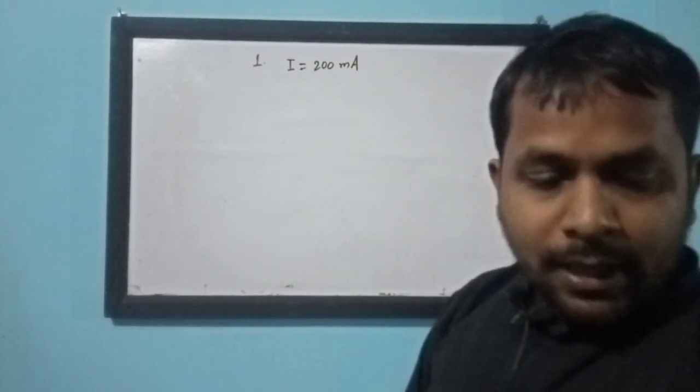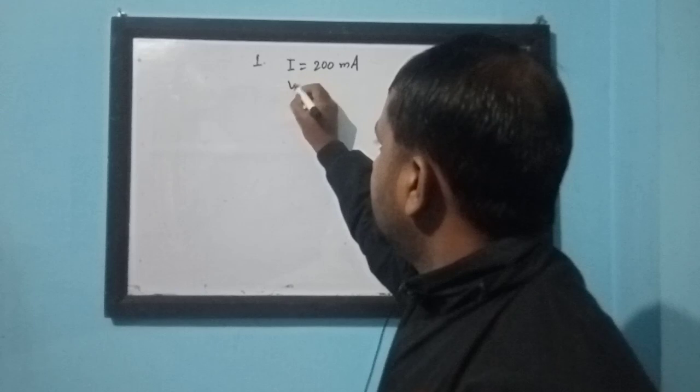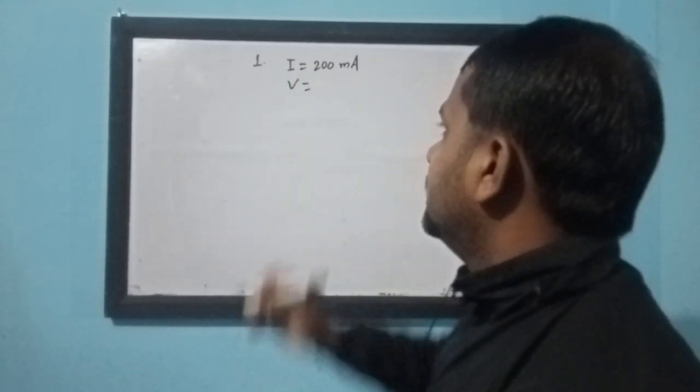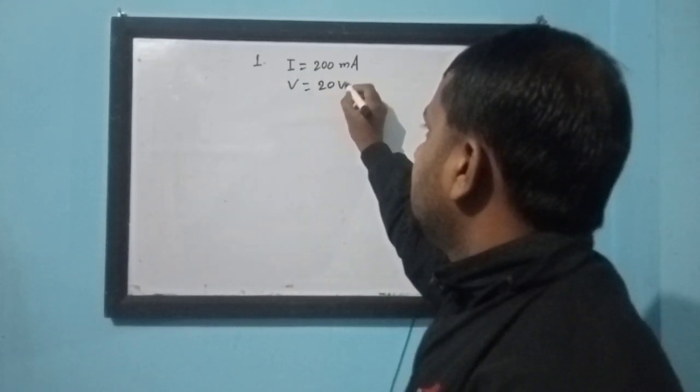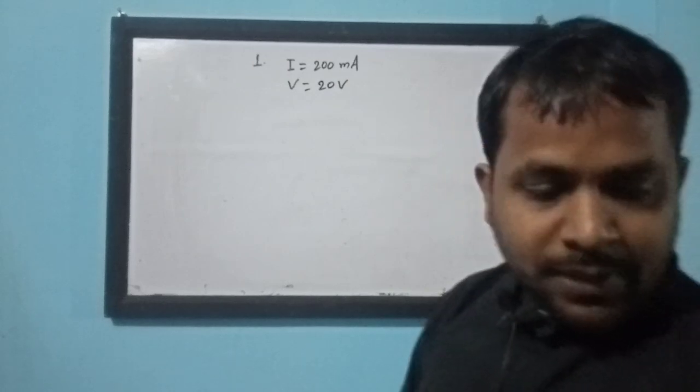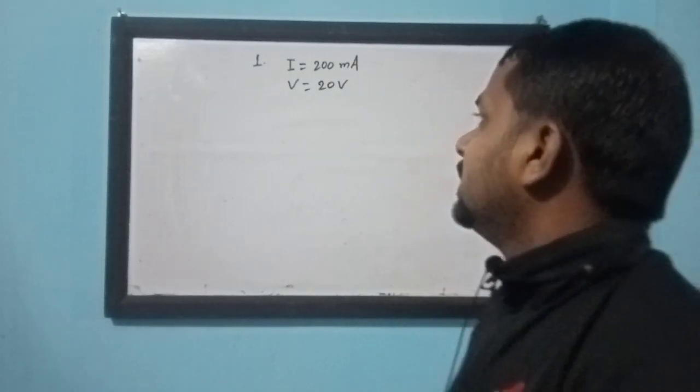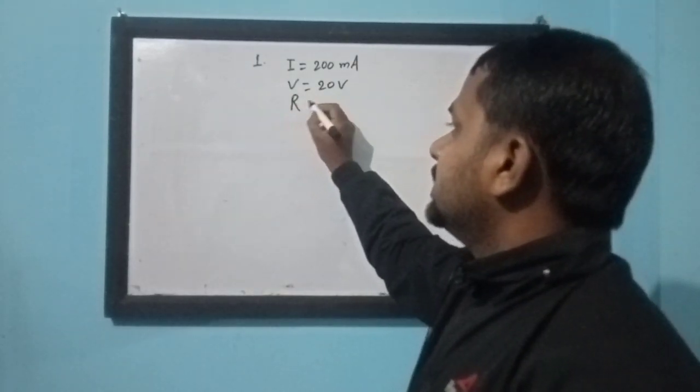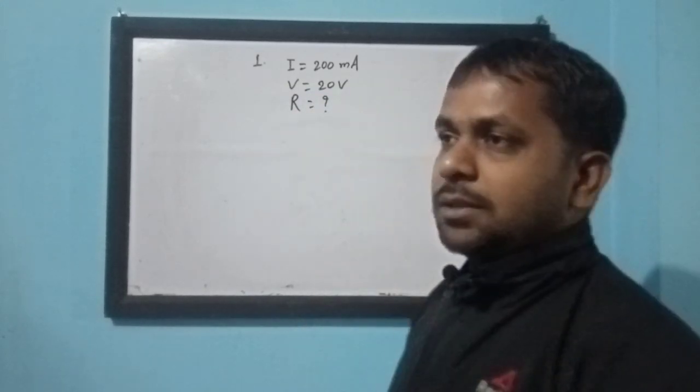And the value of voltage, that is potential difference, is given, suppose 20 volt. And here we have to find the value of resistance.